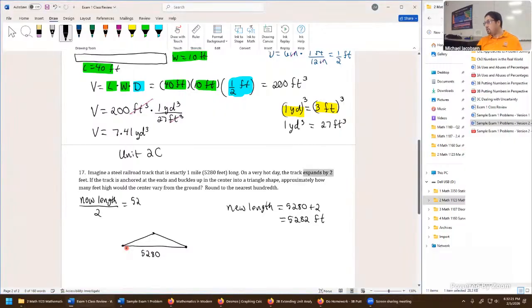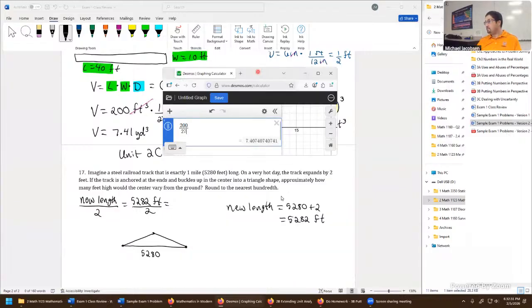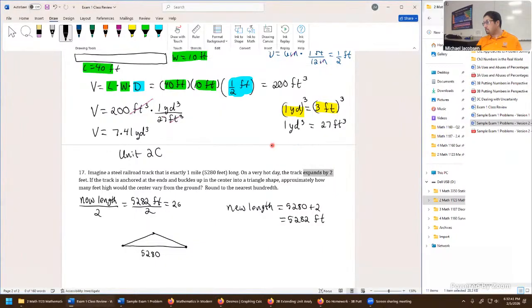So that's going to be 5282 feet divided by 2, giving us 2,641 feet. So that's this length going this way, 2641. And that was 5280 for the total feet.